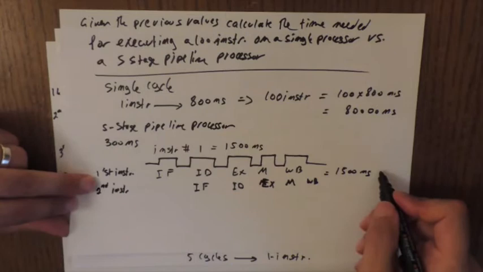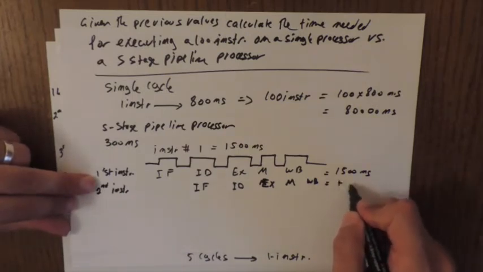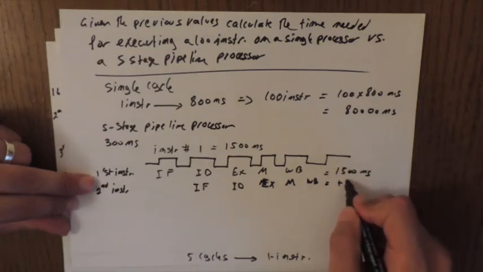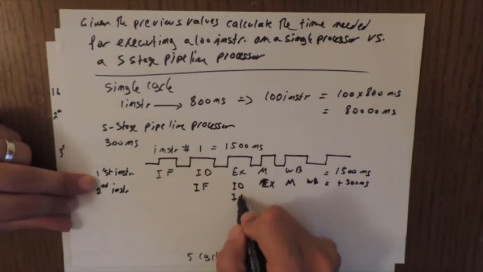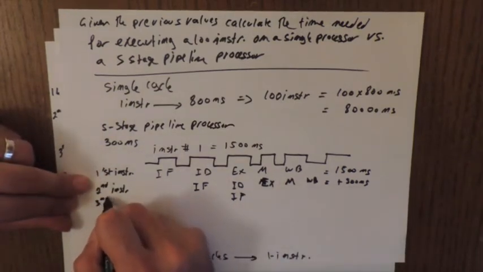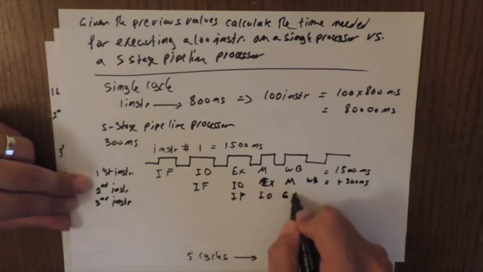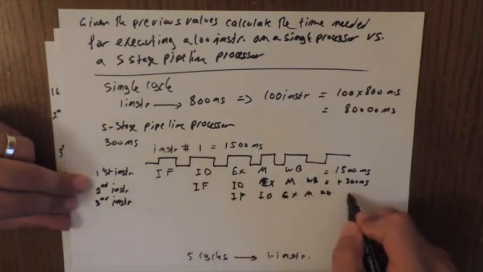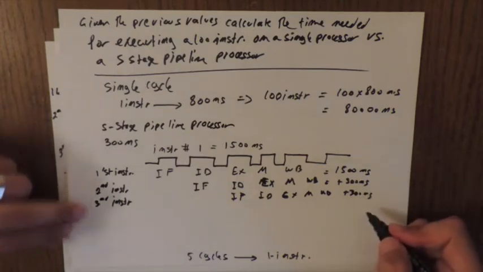So if this takes 1,500 nanoseconds, then this will take an additional 300 nanoseconds. So if I continue with my third instruction, this will take another 300 nanoseconds. So we can see a pattern here.